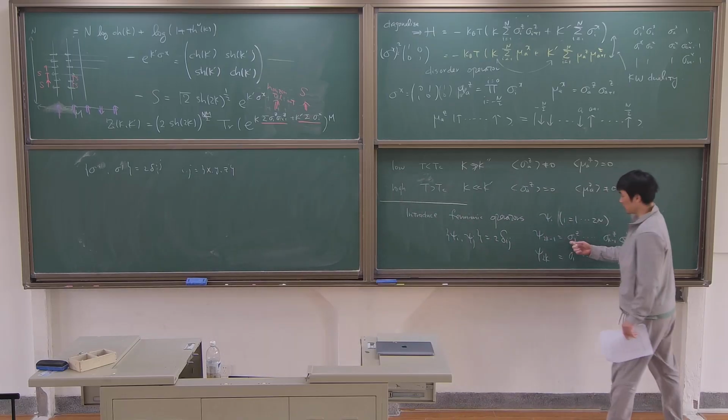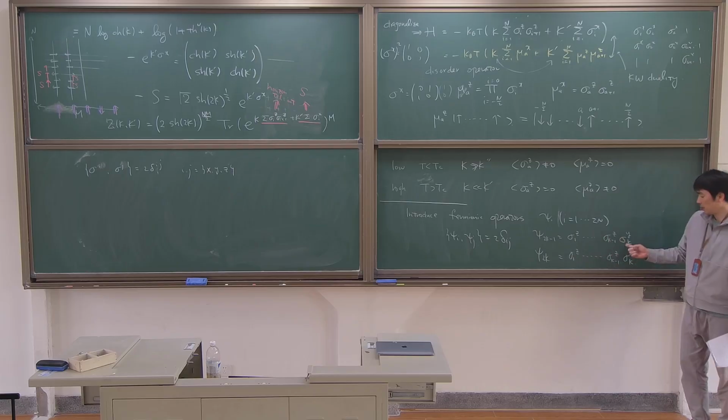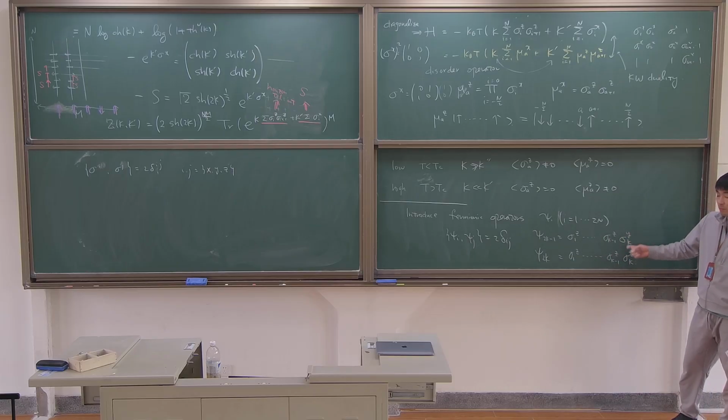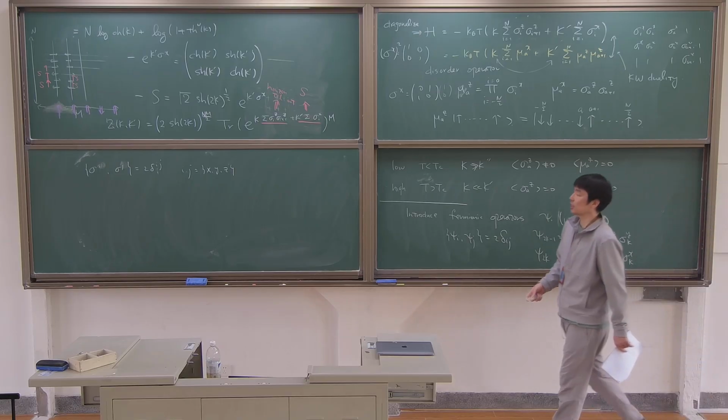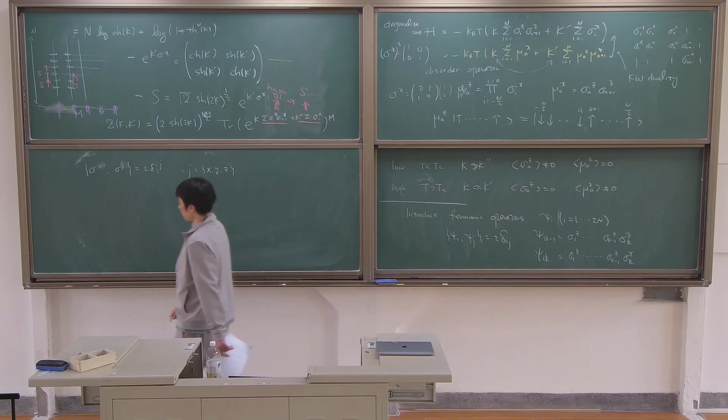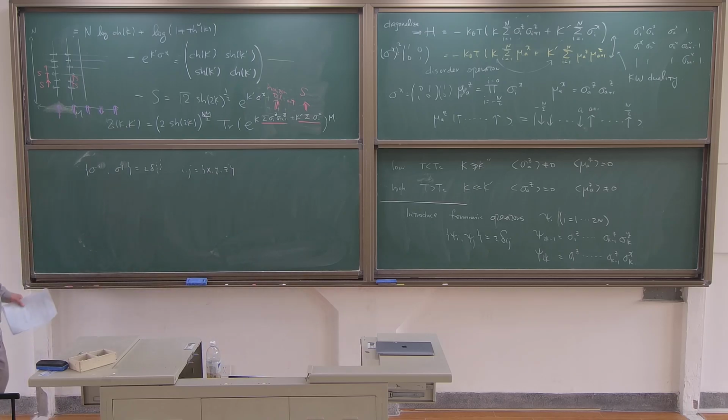Everything else is the same, so it becomes 1, and what's important is the local computation at the point, and you can easily check that this is the case, using the commutation relations.